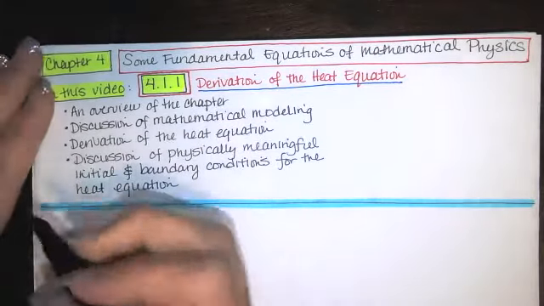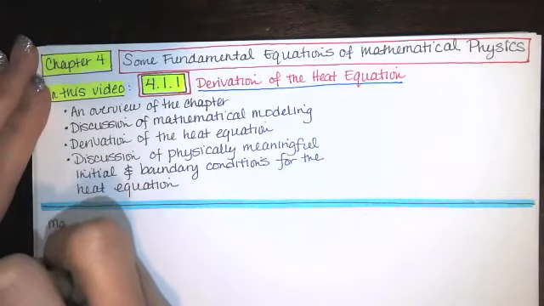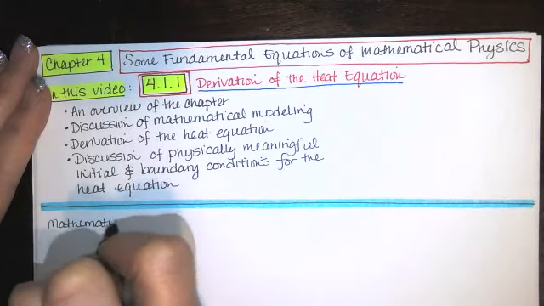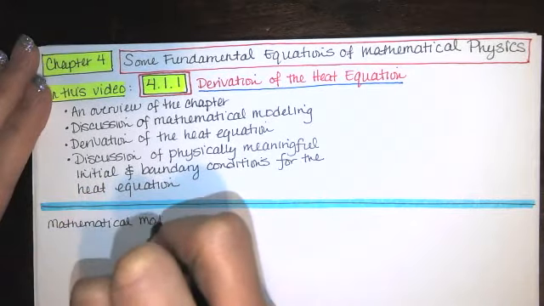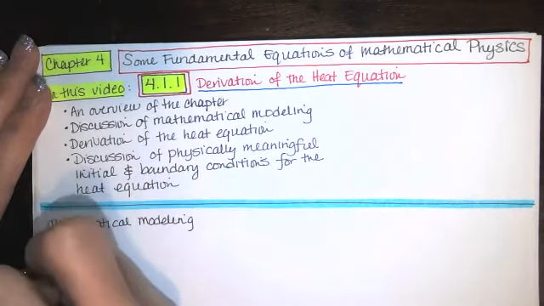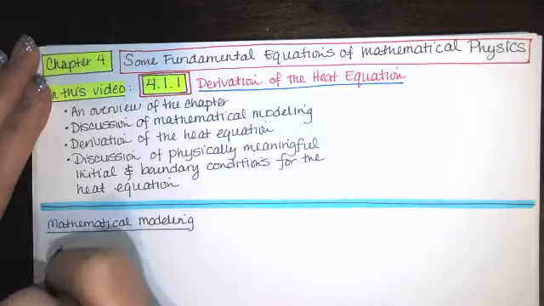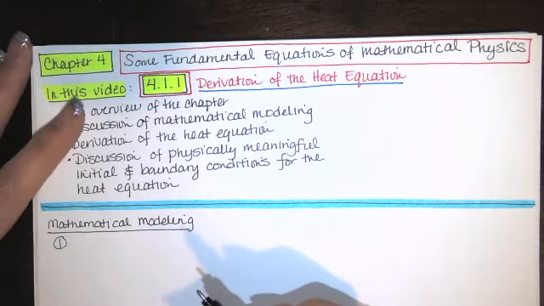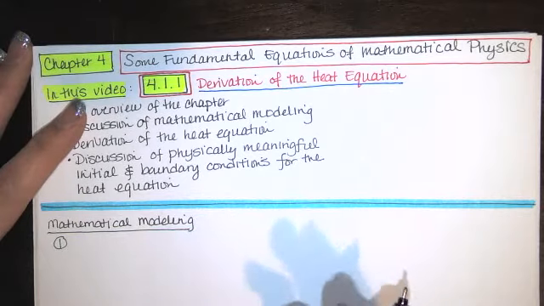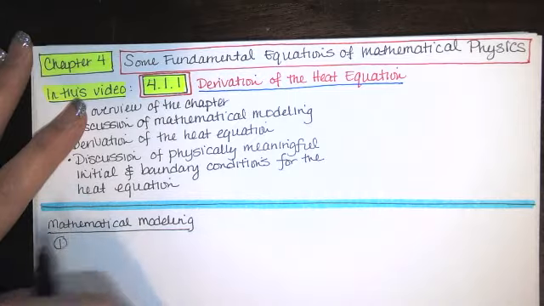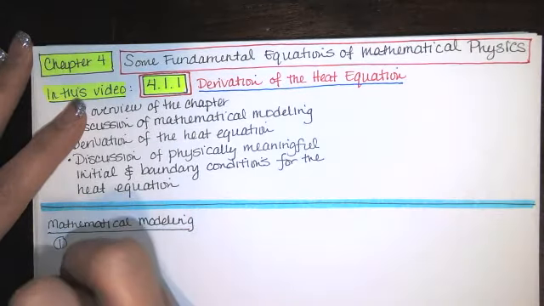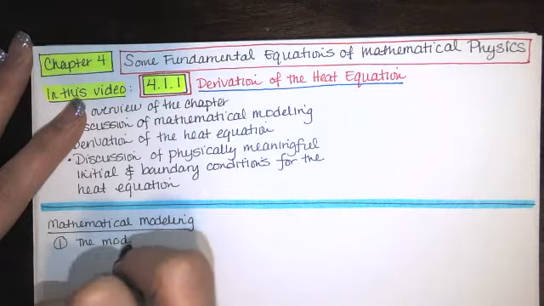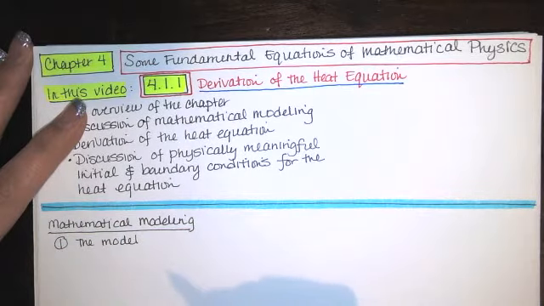So let's talk about mathematical modeling. Mathematical modeling is a process, and it basically involves 3 steps. The first thing that we do is we write that mathematical model. For our purposes, it will consist of a partial differential equation and initial conditions or boundary conditions or both. And that will be based on usually some assumptions from physics and also our observations of some physical phenomenon.